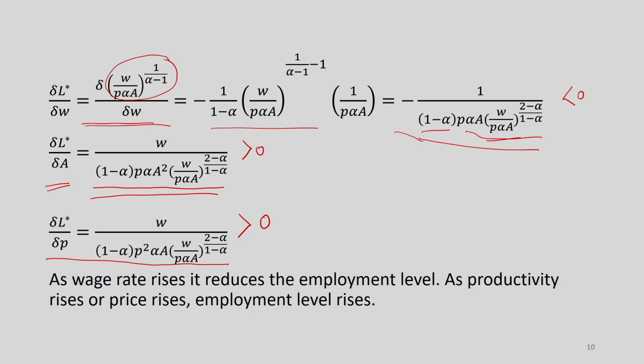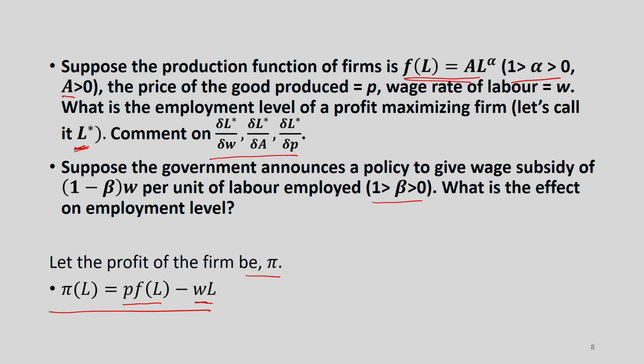What it means is that as the wage rate rises, it reduces the employment level. This employment level L star is going down. As productivity level rises or price rises, employment level rises. Capital A can be thought of as a parameter representing productivity, because if capital A is high, that means the same amount of labor will be capable of producing more output.